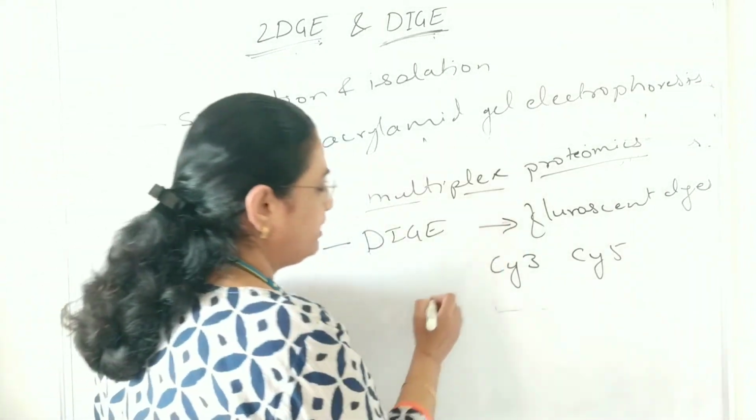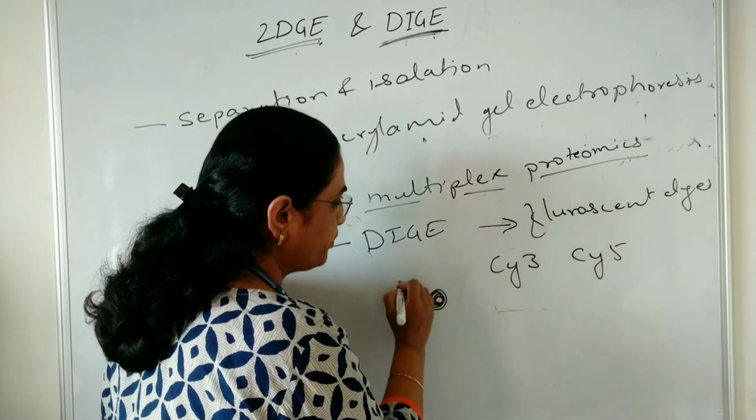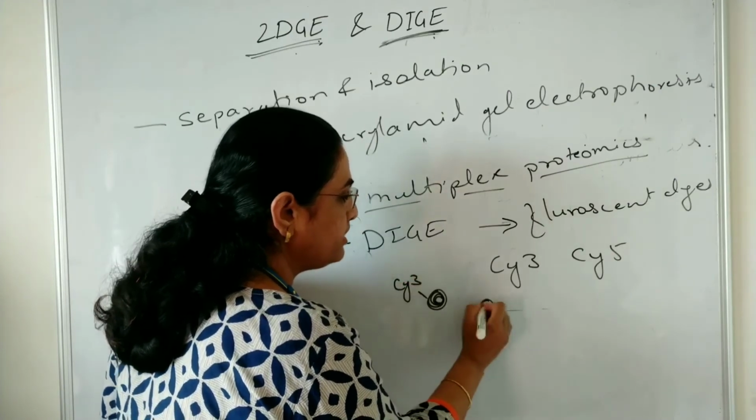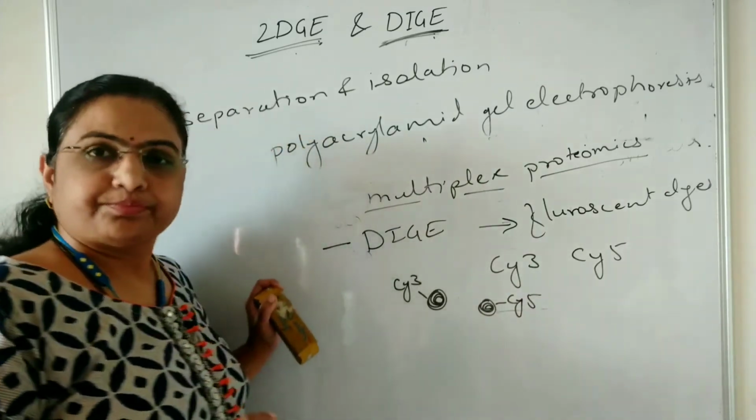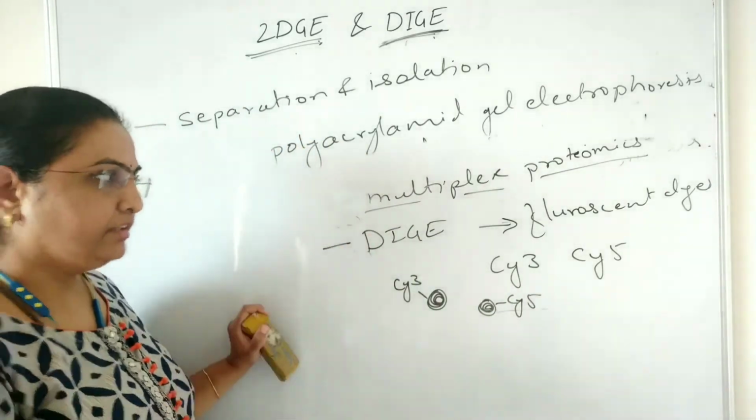So here there is a protein, to which you can tag the Cy3. Here is another protein, to which you can tag the Cy5. In this way you can tag the proteins.